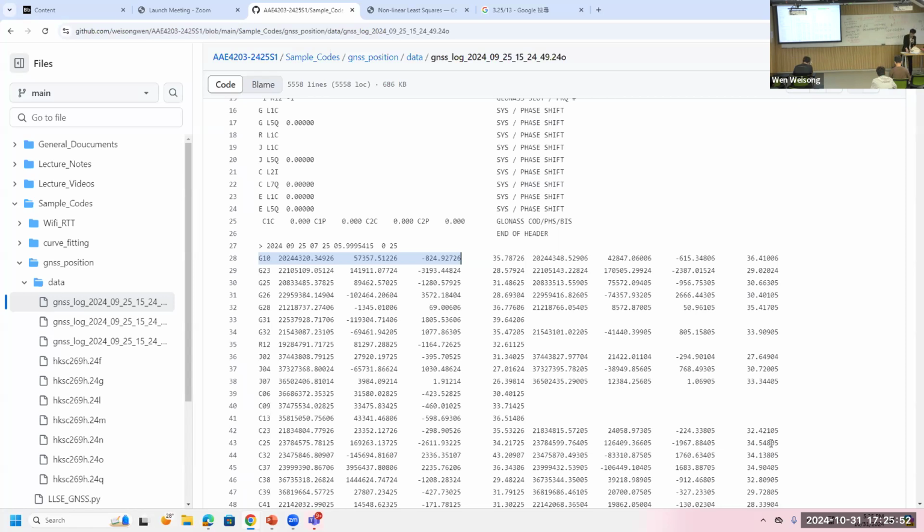In this equation this part is known and this part is unknown. It is three dimensions, one equation.